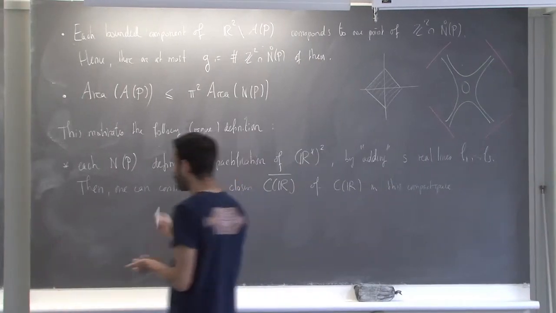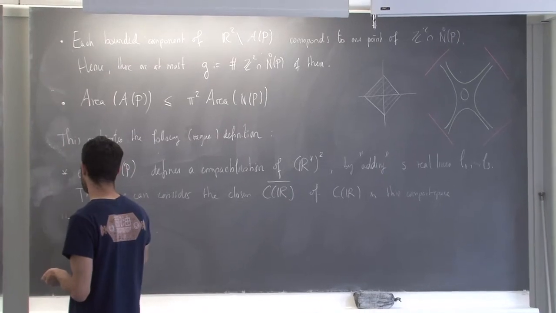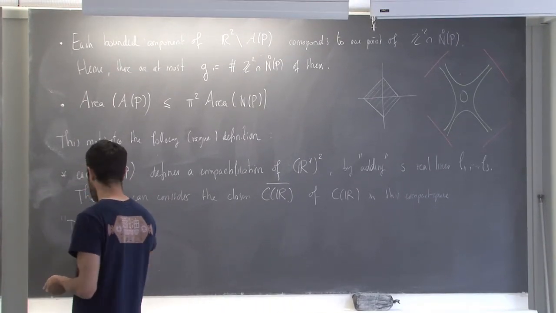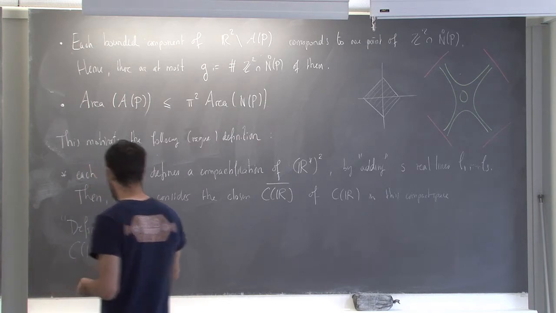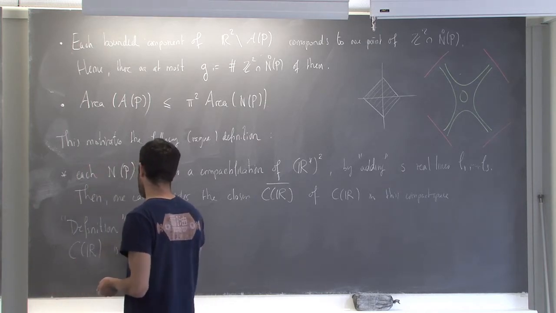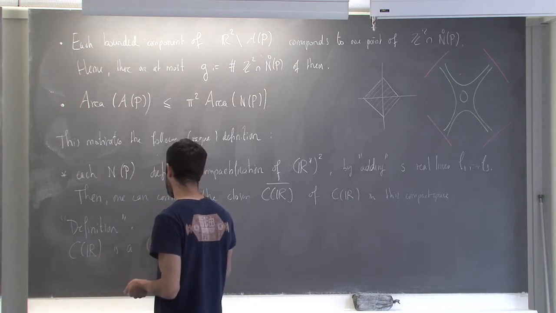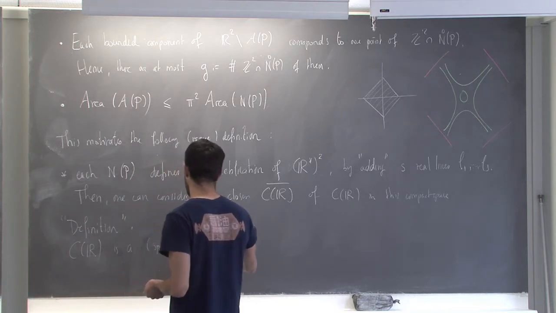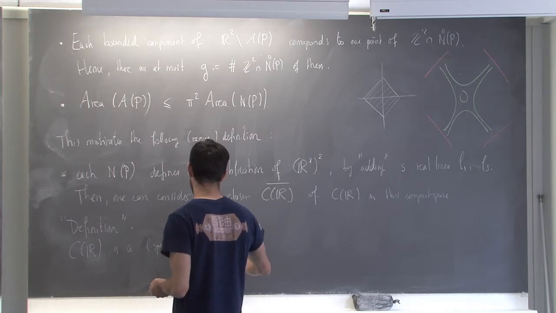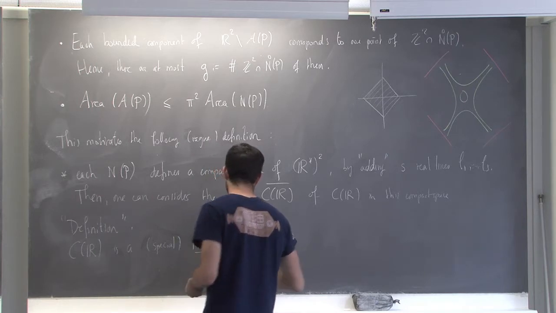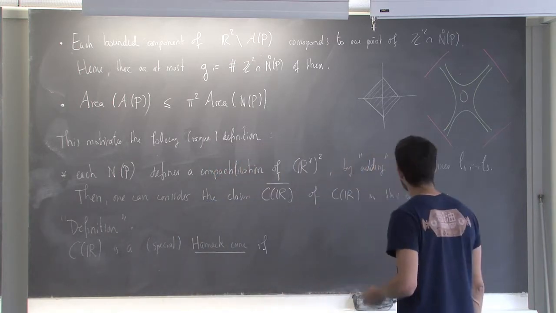Okay, and now here comes the really vague definition. C of R is a, sometimes it's called special Harnack curve, but we're just going to say Harnack curve for now, if the following holds.